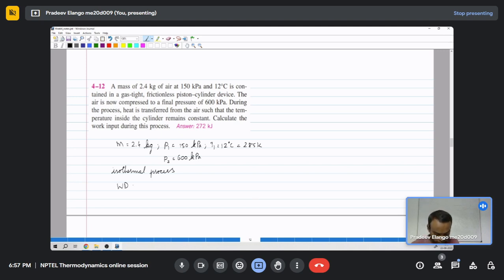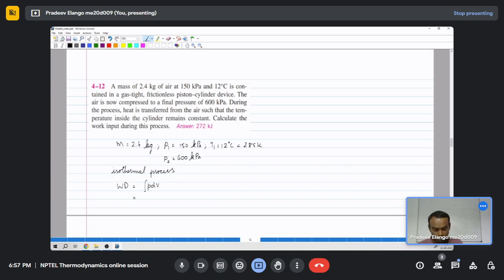We know work done is integral P dV. Here the pressure and volume change during the process, both will keep changing.